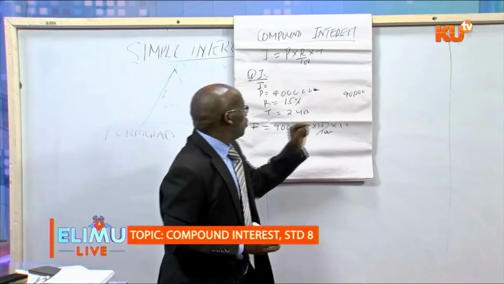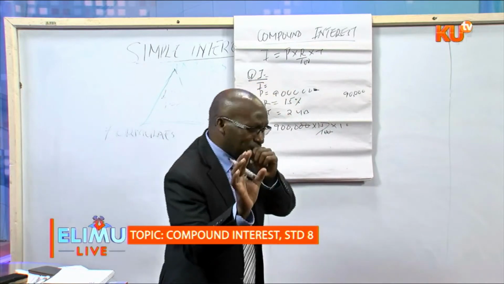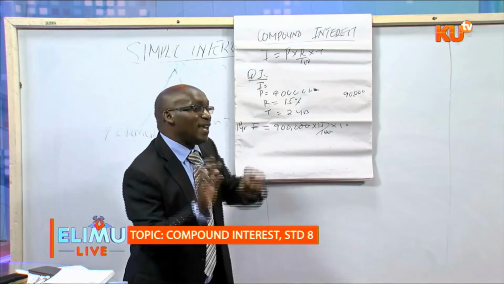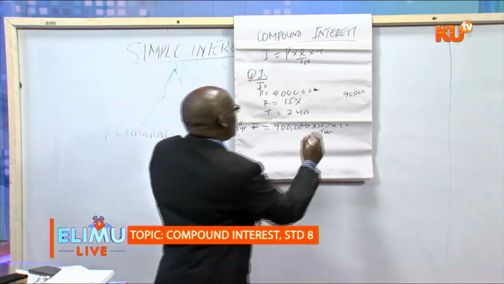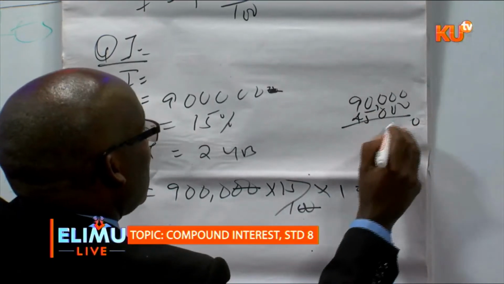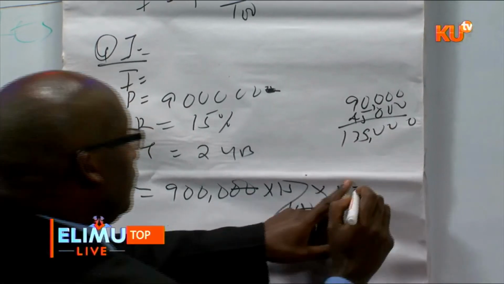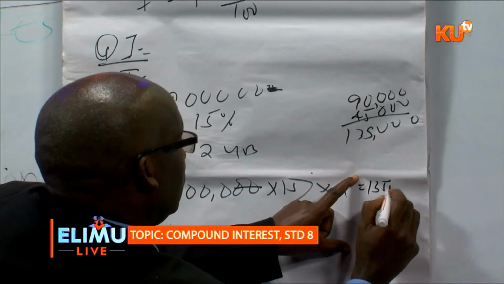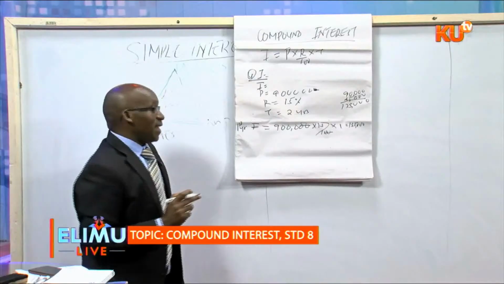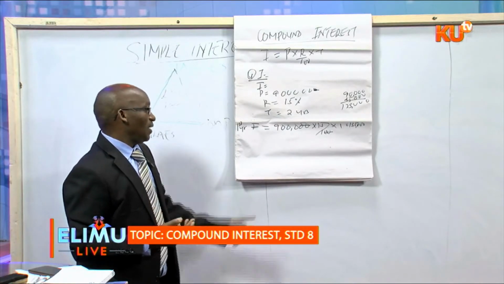So if you take the answer to 9,000 multiplied by 10 and divide it by 2, you get the answer to 9,000 multiplied by 5, which is 45,000. Adding, we get 135,000. Remember, it saves you time.